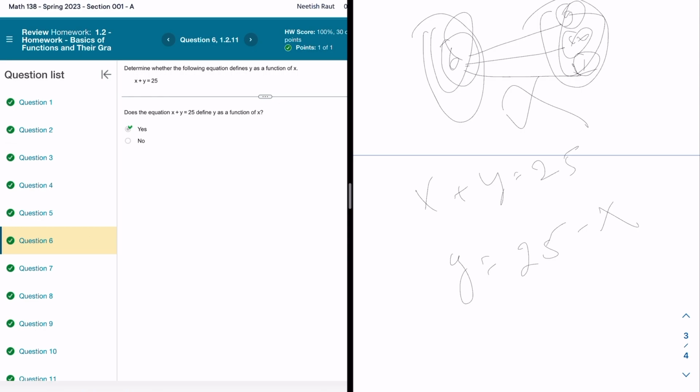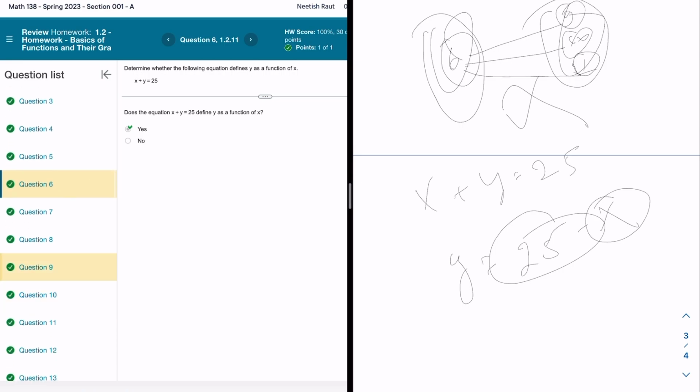So we need to figure out whether from this equation we can have different x, different y values? Yes or no? Obviously yes. If you plot any x coordinate here, it will give a different answer, right? Yeah, so this is a function.